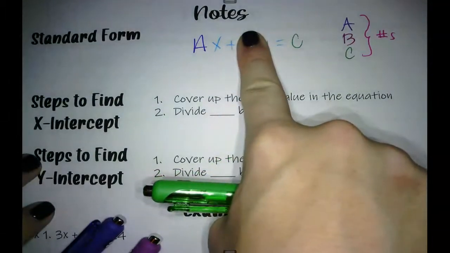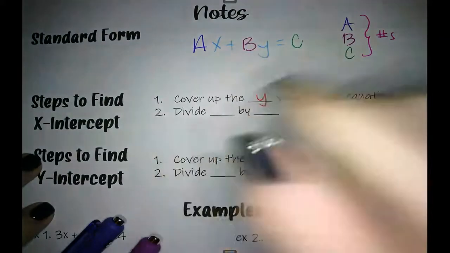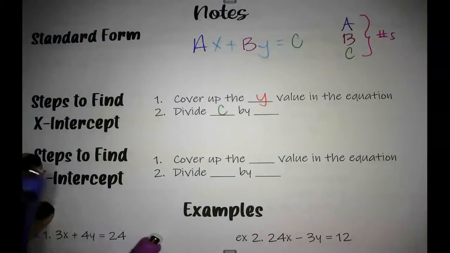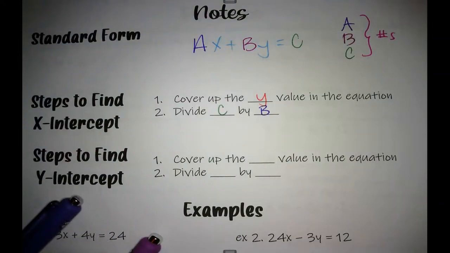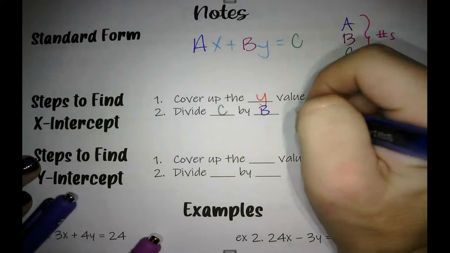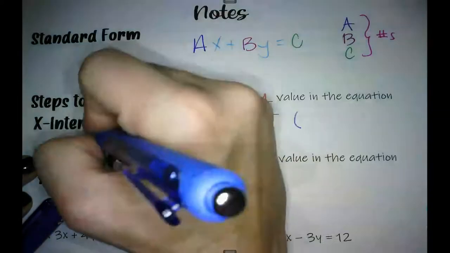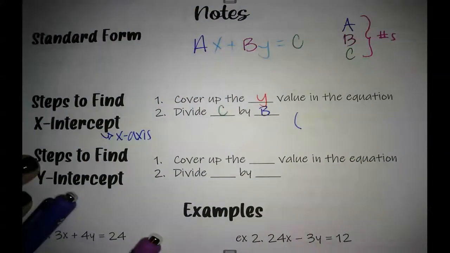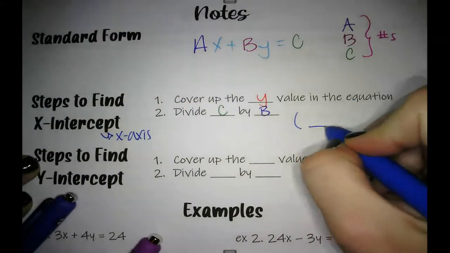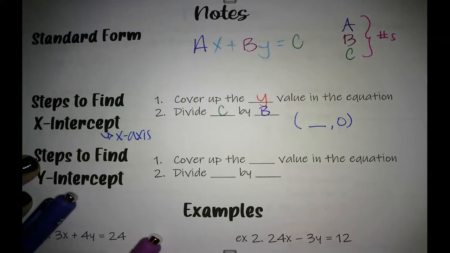So we're just left with AX equals C. And then we're going to divide that C value by the A value, and that's going to give me my X-intercept. Remember, my X-intercept is where it crosses the X-axis, and we write that as a number and 0.